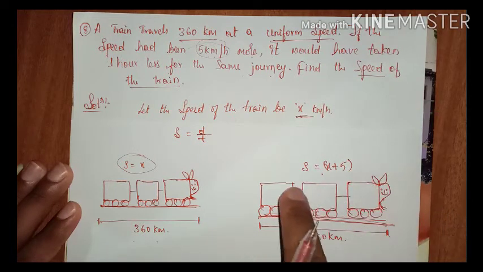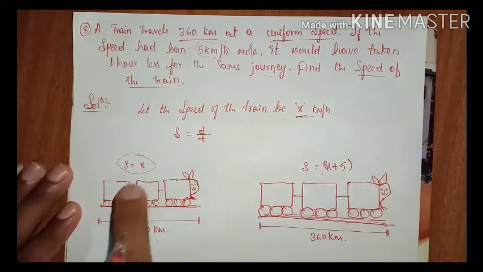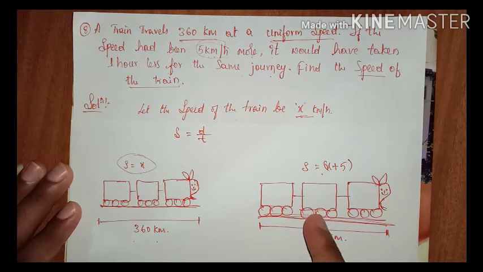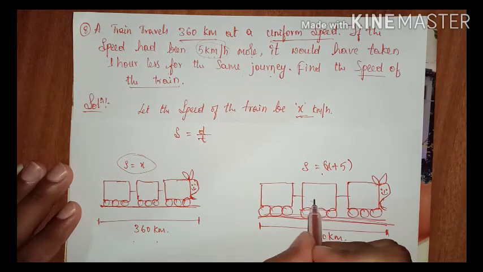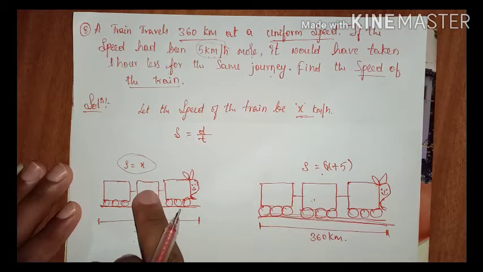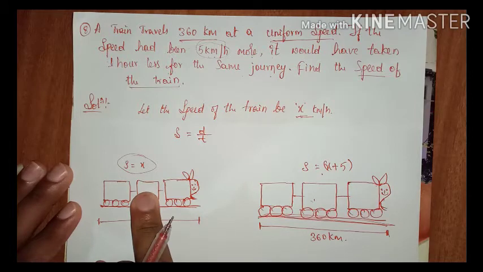So the speed of the second train is greater than the first train. So the second train will take less time to cover this distance compared to the first train, isn't it?